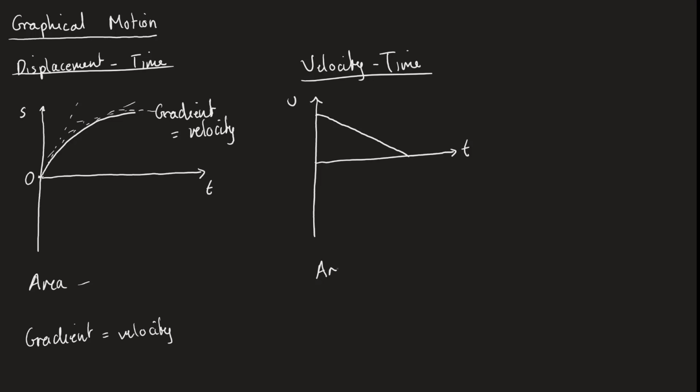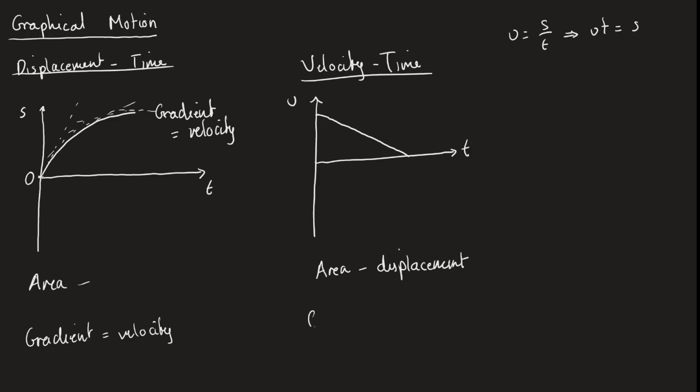In a velocity time graph, the area underneath is velocity multiplied by time. Now, if velocity is displacement over time and we rearrange it, we'd see that velocity multiplied by time is just displacement, which means the area under this graph is the displacement.